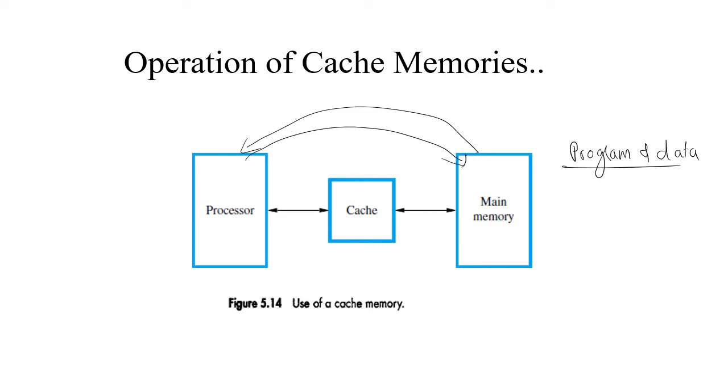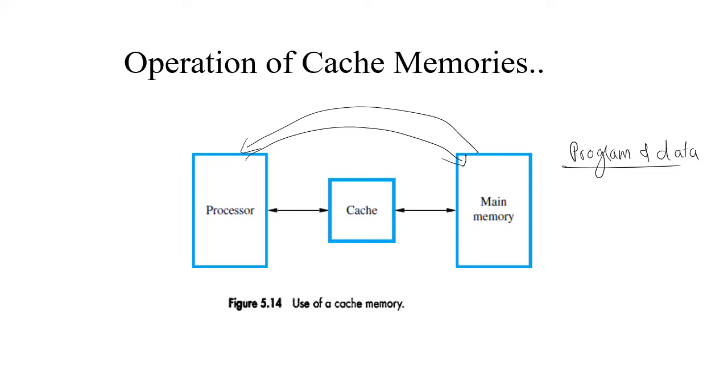Here what happens is, when the data is accessed the first time, the cache will analyze the type of data that is being transferred from the main memory to the processor. If the same instruction keeps being transferred repeatedly, then it will keep a copy of that in the cache.